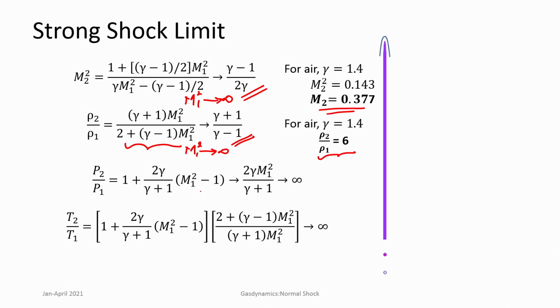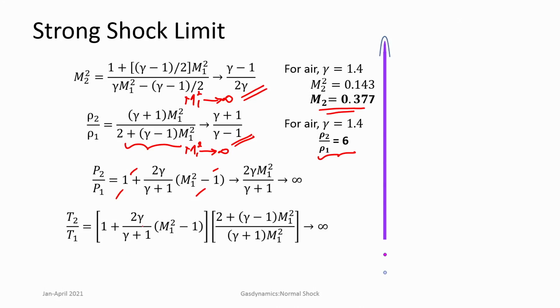But for all other parameters like the pressure ratio P2 by P1, as M1 increases, M1 square goes to higher and higher values. Of course, 1 becomes very small compared to that, and similarly this also is very small, so it approximates to 2 gamma M1 square by gamma plus 1, which tends to infinity. So pressure ratio goes to infinity, and temperature ratio is nothing but the multiplication of pressure ratio and density ratio.